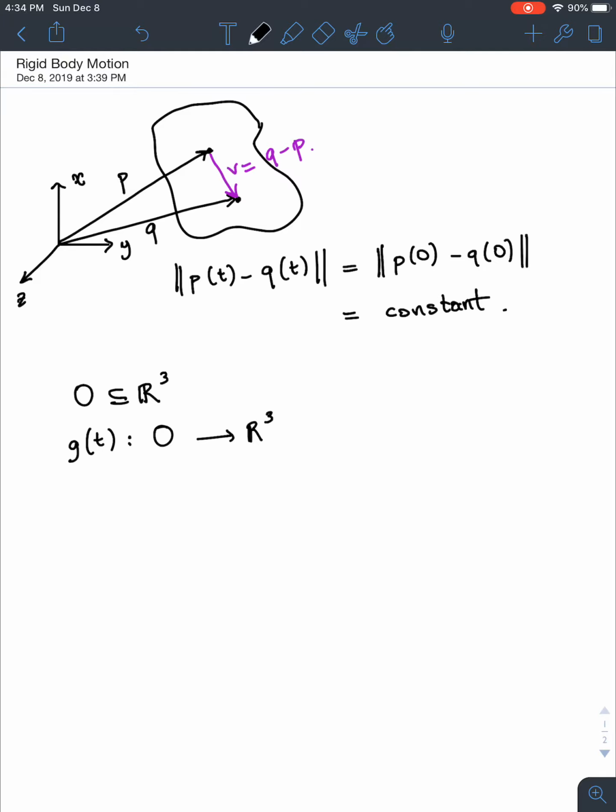In differential geometry, we call that the push forward of g. The symbol is g sub star, and this action on the vectors can be written as g of P minus g of Q.